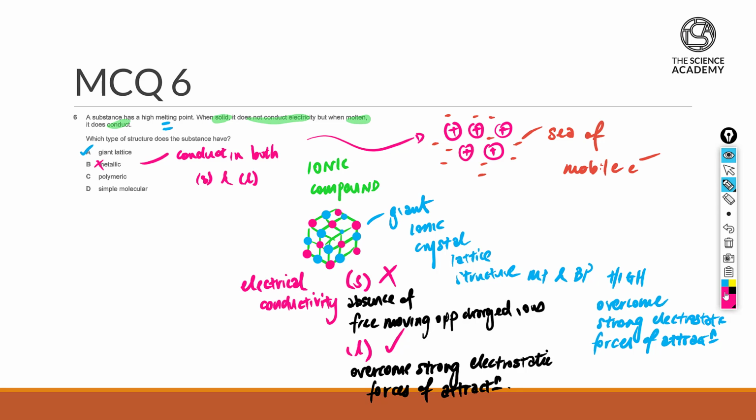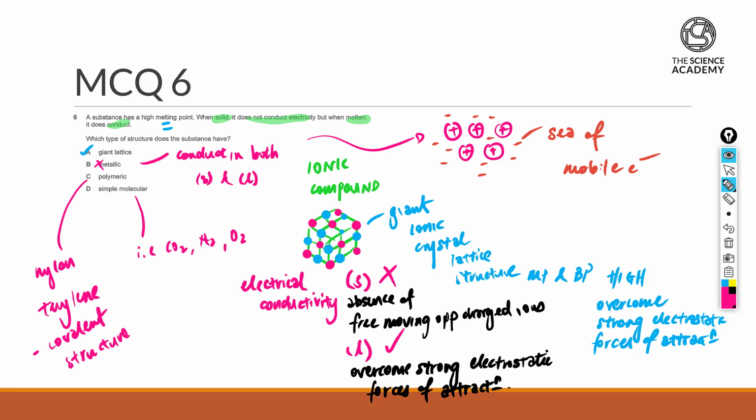For the case of the polymeric compounds, we're looking at things like nylon as well as terephthalate, which is in the chapter for macromolecules in organic compounds. They are all considered to be covalent structures. And similar to simple molecular covalent compounds such as carbon dioxide, nitrogen, as well as oxygen, collectively for C and D, these are the following items that is absent.